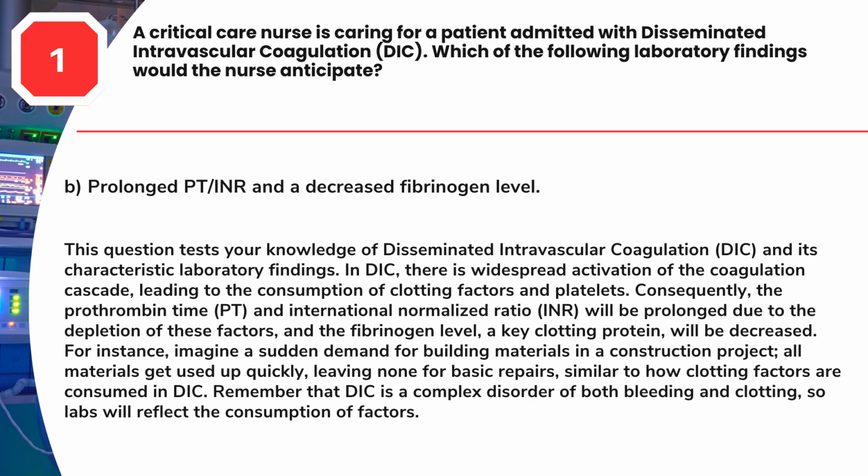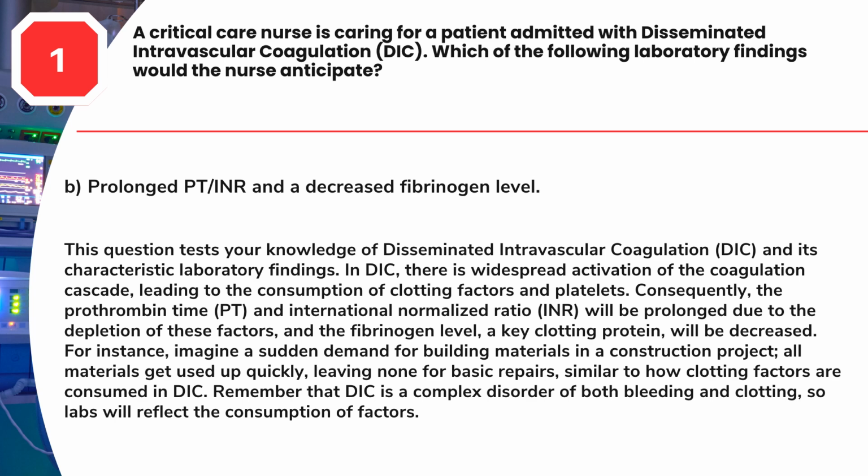In DIC, there is widespread activation of the coagulation cascade, leading to the consumption of clotting factors and platelets. Consequently, the prothrombin time, PT, and international normalized ratio, INR, will be prolonged due to the depletion of these factors, and the fibrinogen level, a key clotting protein, will be decreased.